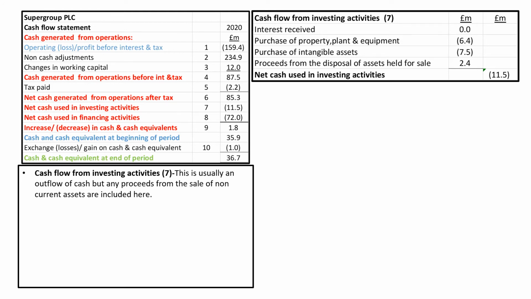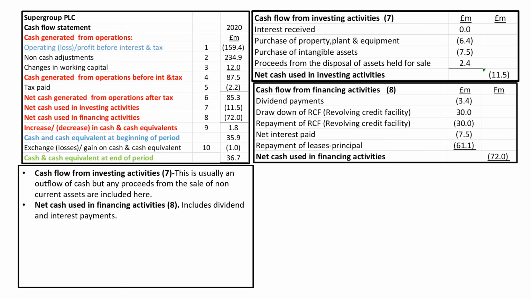And if we look at the breakdown of the entries in the cash flow from investing activities, you'll find, for example, the purchase of plant, property and equipment is an outflow of 6.4 million. The purchase of intangible assets again is an outflow of 7.5 million, whereas the proceeds from the disposal of the assets held for sale is a cash inflow, giving us a net cash used in investing activities, which is an outflow of 11.5 million.